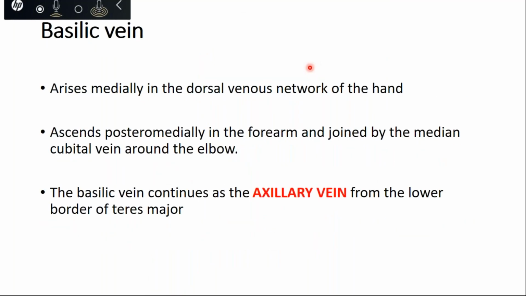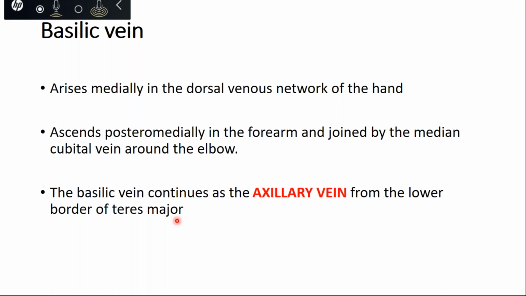So once again, the basilic vein arises medially and ascends on the posteromedial aspect of the forearm, and here it is joined by the median cubital vein. The basilic vein continues as the axillary vein from below the lower border of the teres major.